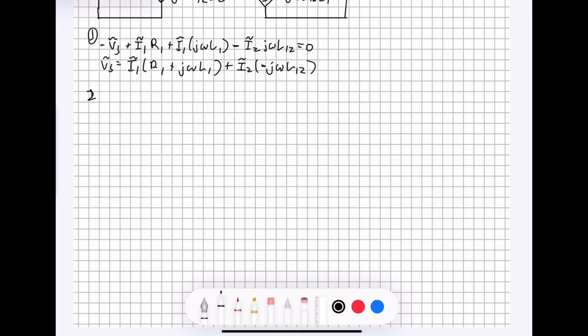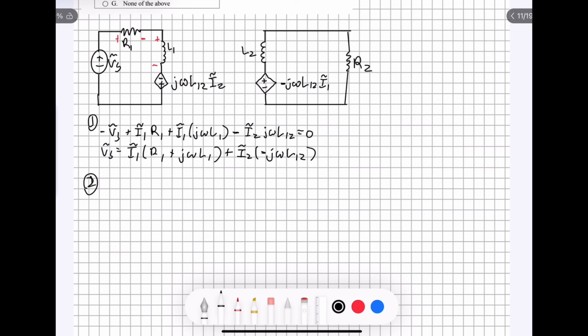equation as well. So moving on to circuit number 2, the equation that we're going to find here is going to be mesh analysis. Once again, we're going to start with negative I tilde 1 J omega L1 2, which is just the voltage change right over here.